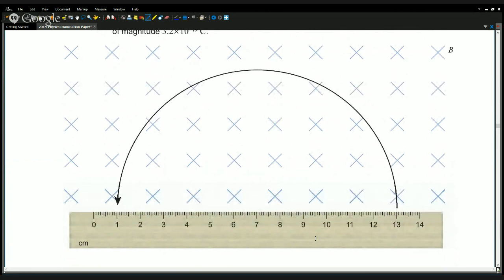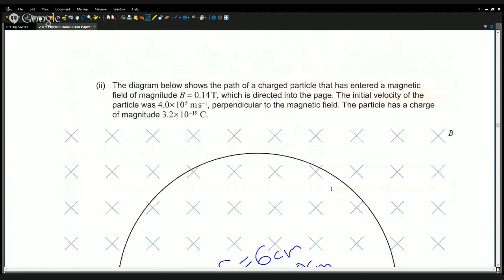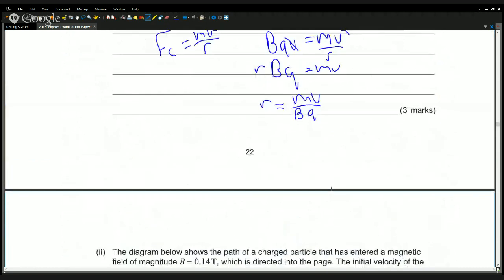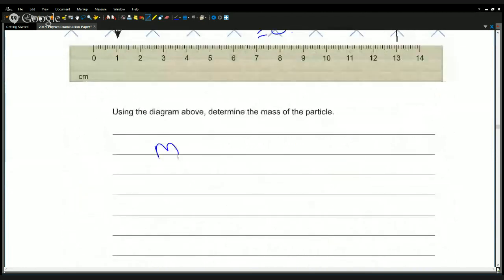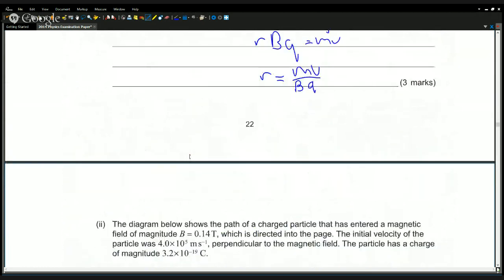Okay, so r is equal to 6, or 0.06 meters. Okay. So we just used the formula to work out r. So what do we need to find here? Find the mass. So rearranging that in terms of mass, we get rBQ on V.